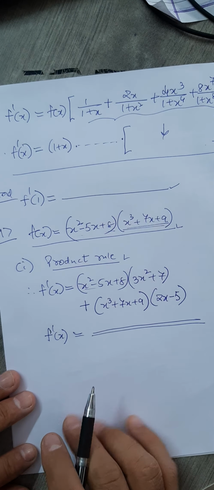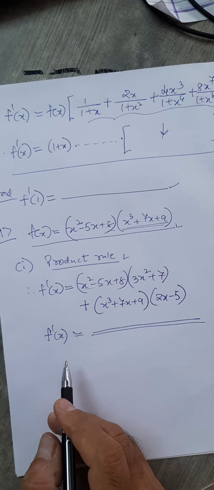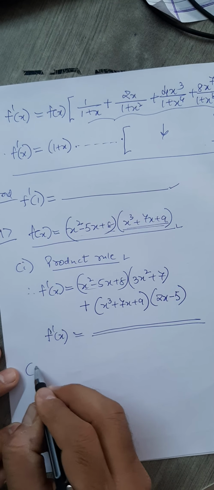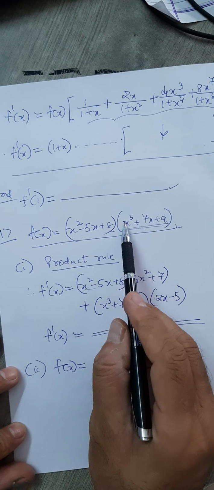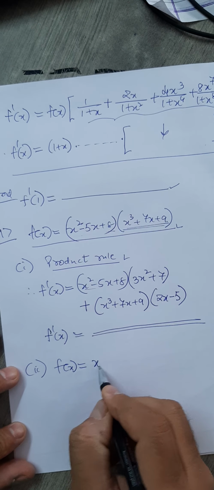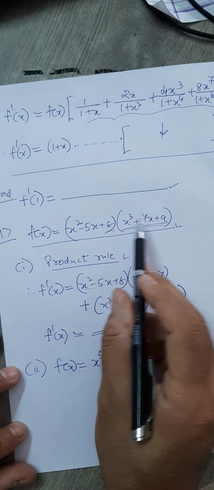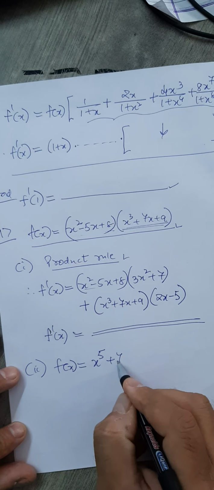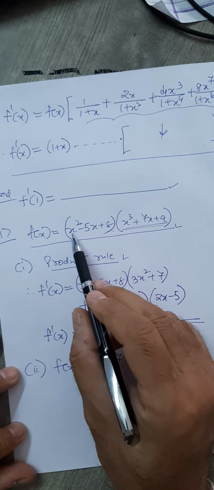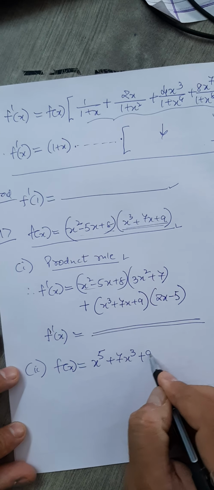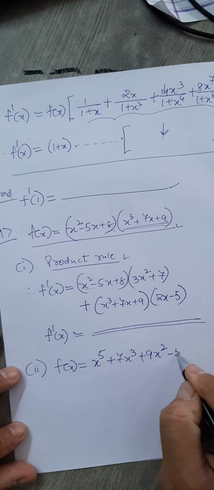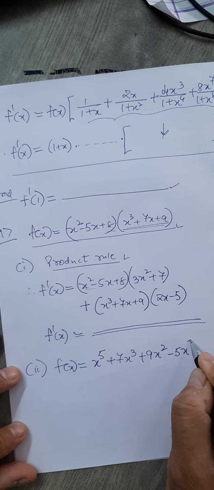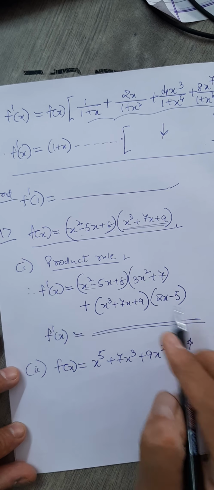What is another way? By expanding. So there you expand first. Like this into this, that is x raised to 5. Then this into this, that is 7x cube plus 9x square. This into this, which is minus 5x raised to 4.